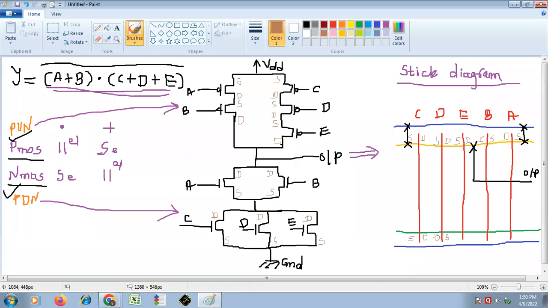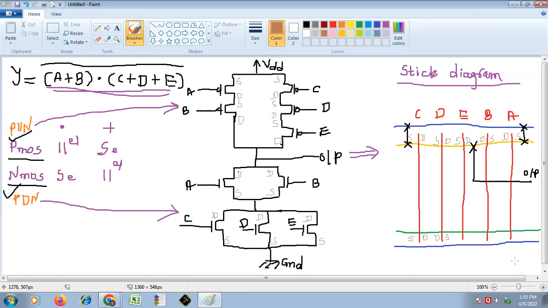Why have I chosen this as a drain? Because see, output we have to connect here. So this drain of C and drain of D we have to make common. So already I have made this drain on the same line so that we need not connect this separately.